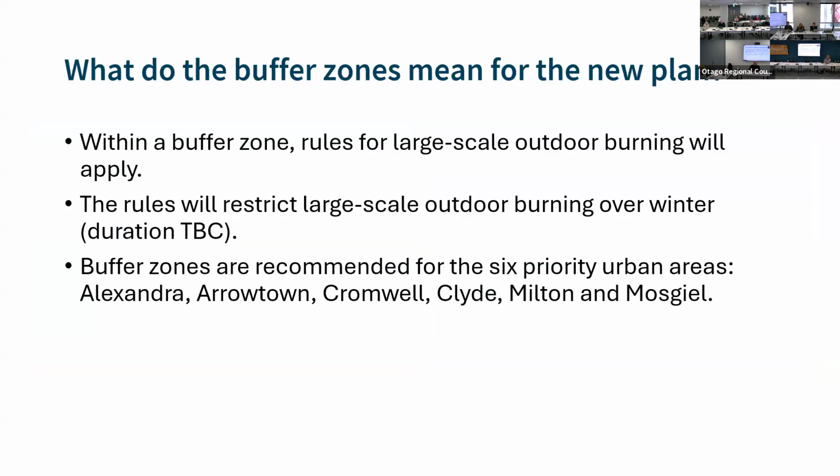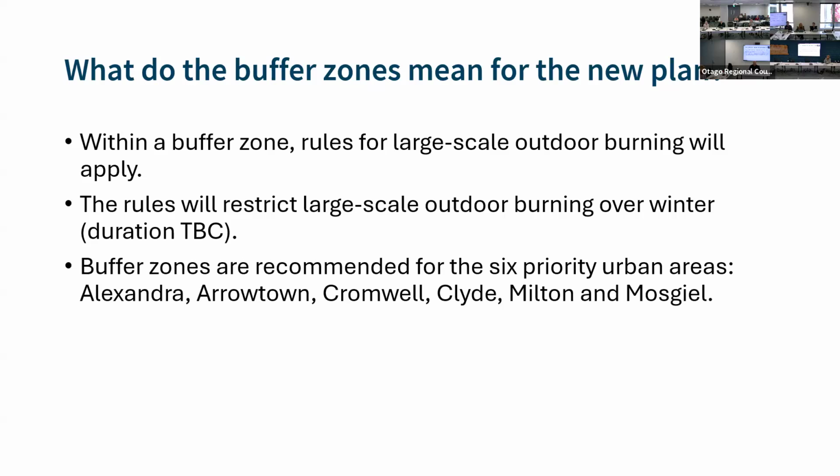So what buffer zones might look like in the new plan, if we use them, is that within the mapped buffer zones, there would be rules that restrict larger scale outdoor burning activities during winter. And based on some science advice, we're recommending that those buffer zones are again around the 6 priority urban areas. And for today's discussion, we've started off with a 10-kilometre buffer zone and mapped what that would look like around those urban areas.